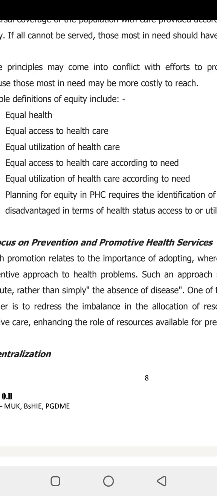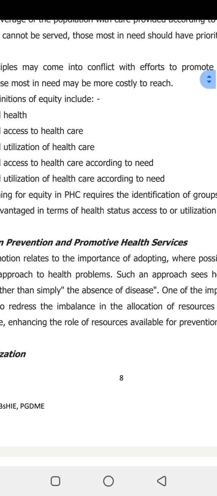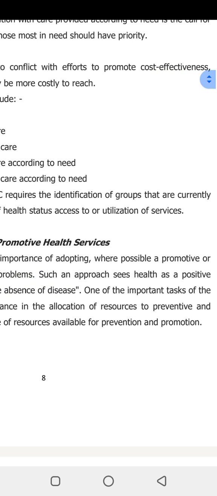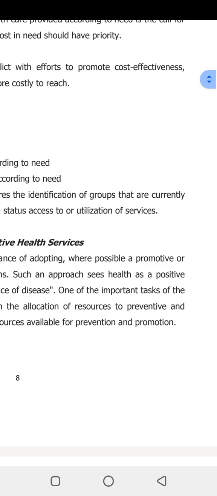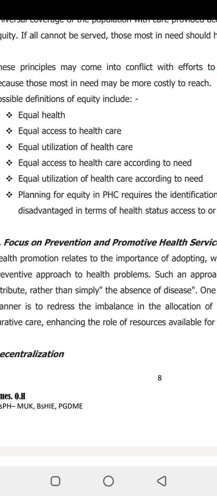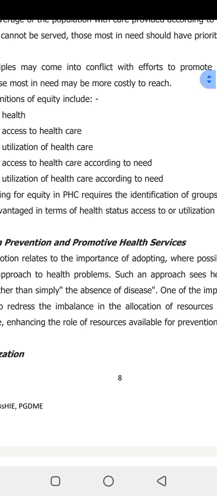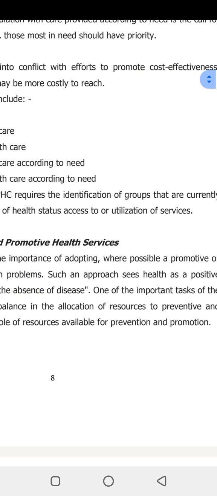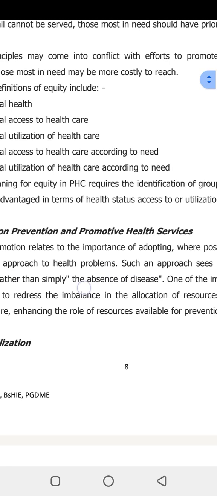Planning for equity in PHC requires the identification of groups that are currently disadvantaged in terms of health status, access to or utilization of services.